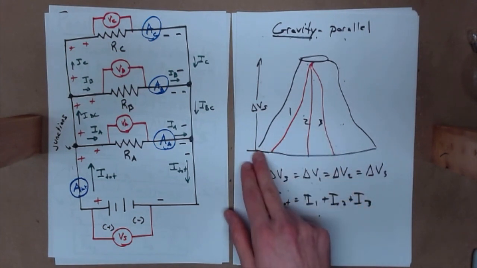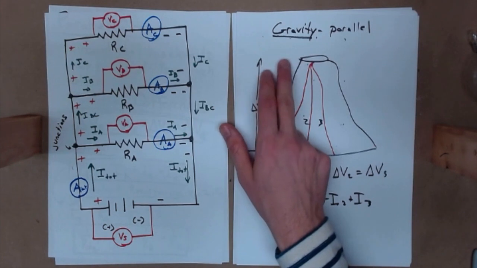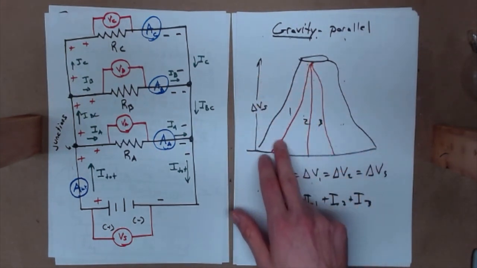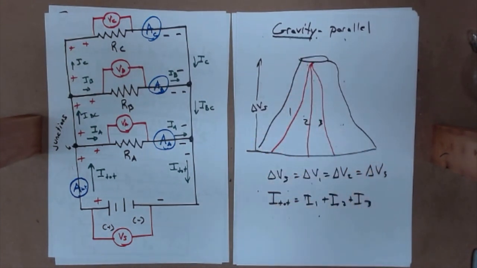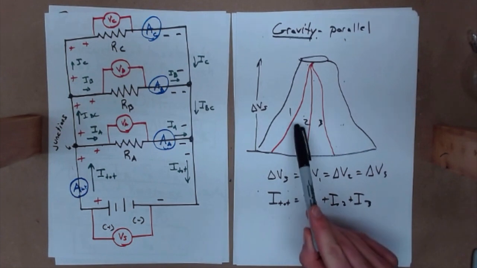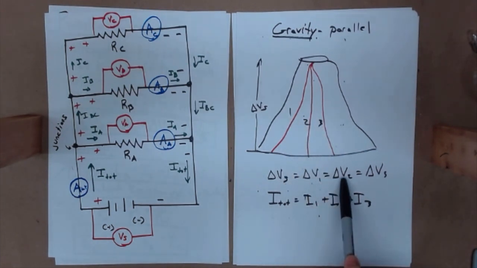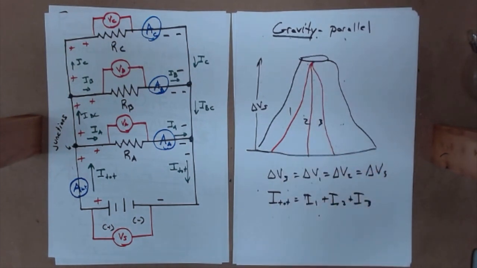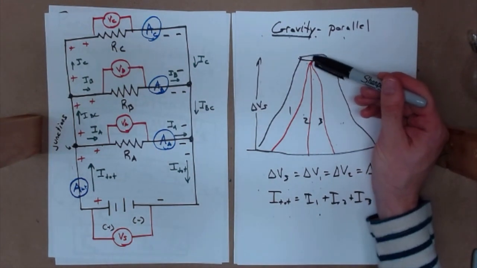It starts at a distance of delta Vs, or a potential above the ground that's equal to this. Each river must then flow down that amount from the top of the mountain. Well, that means that river 1, river 2, and river 3 experience the same potential difference, don't they? They all drop from the top of the volcano to the bottom of the volcano. And then if we imagine a point up here, which is where all the lava is coming out of, right?